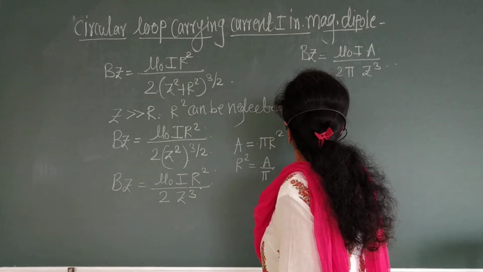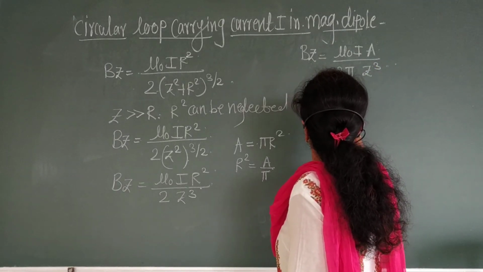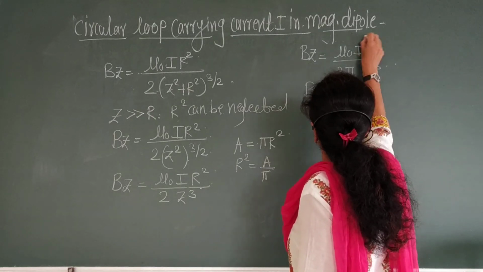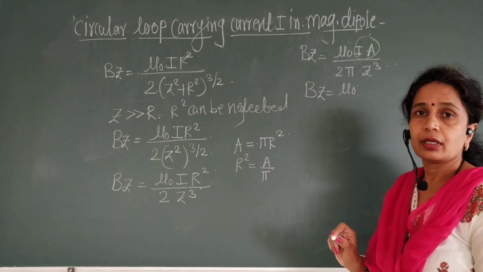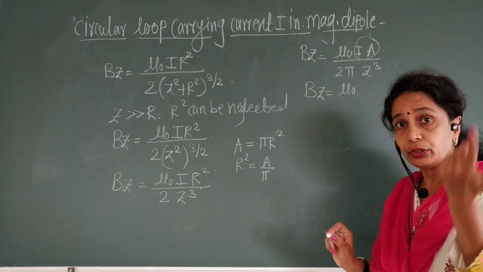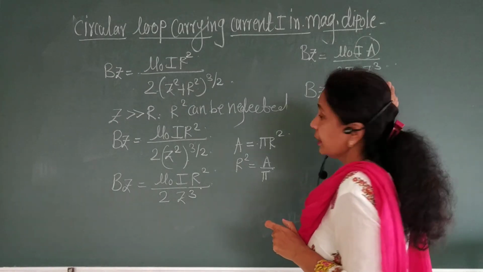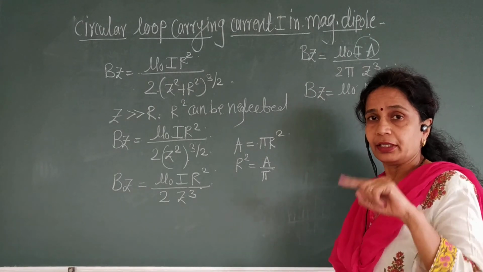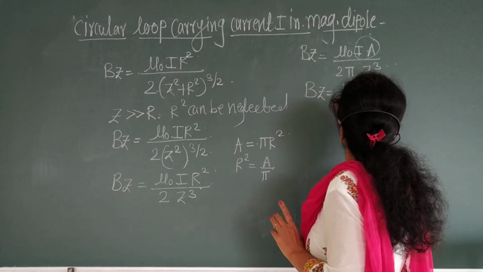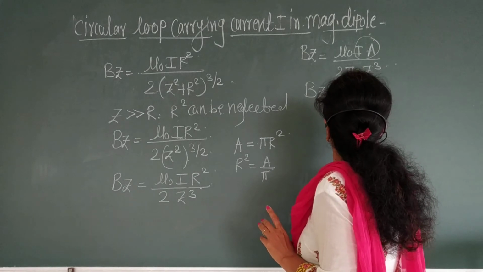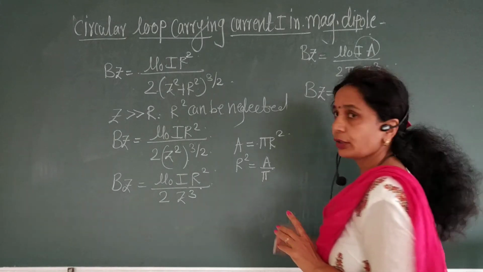Therefore Bz is equal to mu 0 times what is I into A? The current flowing through the coil into the area is the magnetic dipole moment, represented by capital M, upon 2 pi into z cube.